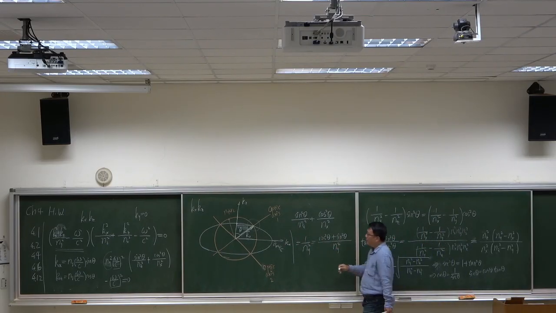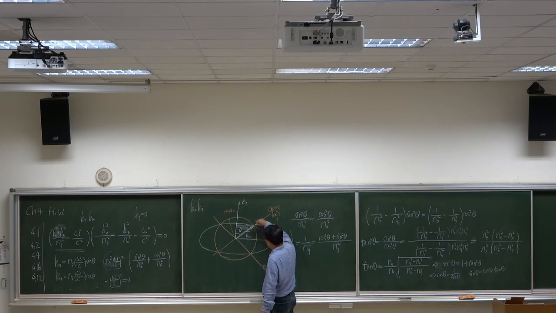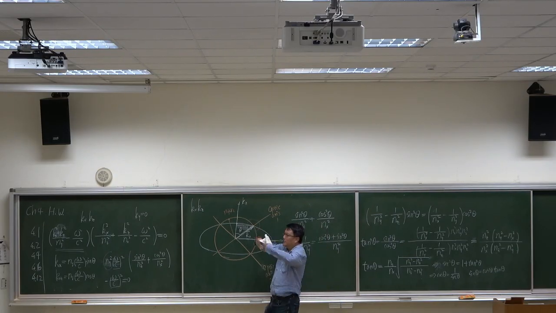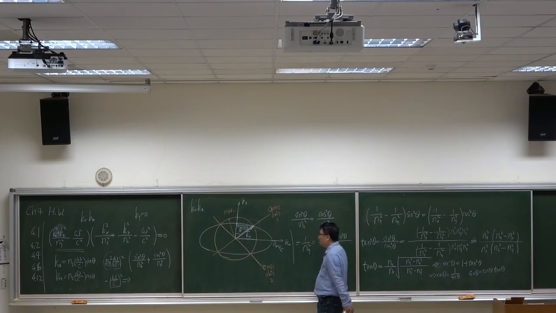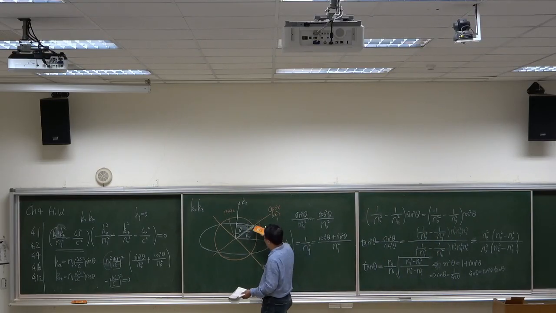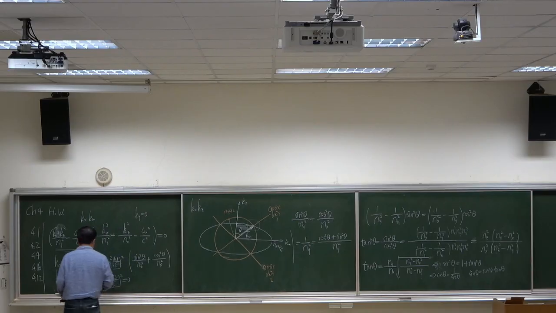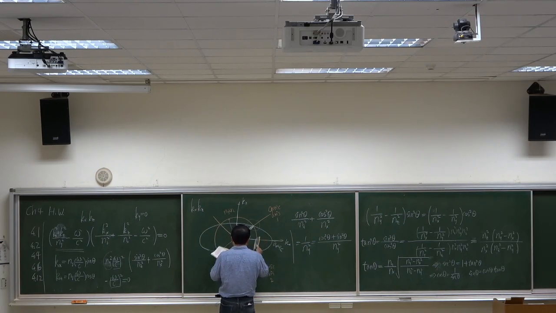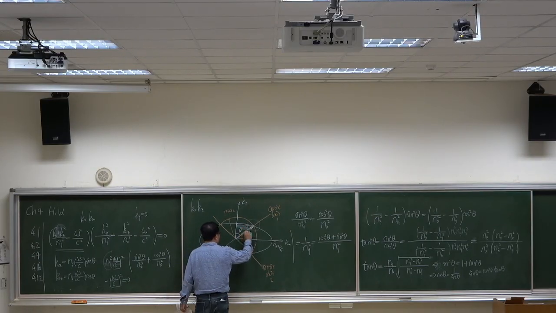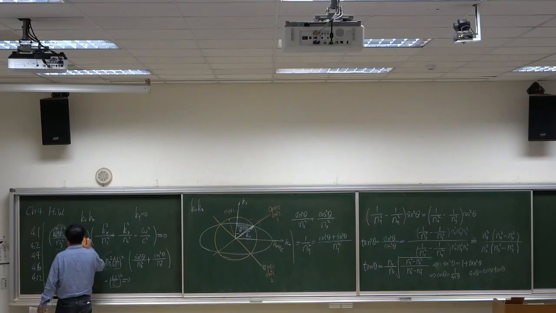Locally, the surface close to this point looks just like a belly button. It is a cone-shaped dent going inward. We want to find the shape of the surface in this neighborhood. So now I want to find the equation that describes the surface very close to this K0 point.